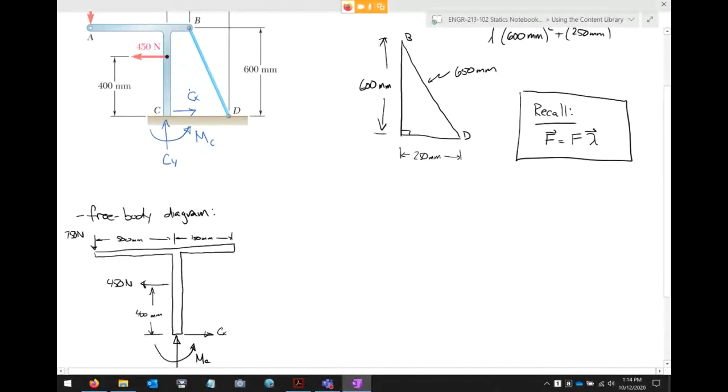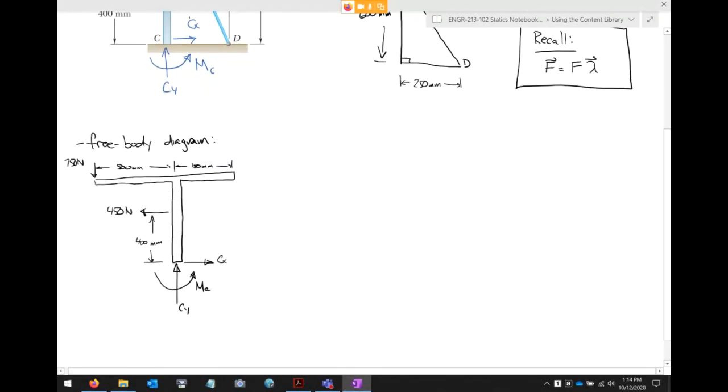But instead of drawing the cable, I'm only going to draw the force that the cable exerts on this frame. And what is that force on this frame? It is a single tension vector right here, right? And what is that tension vector?